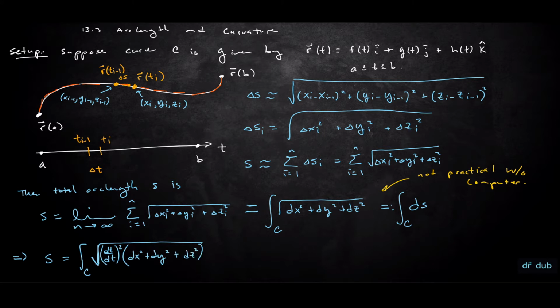So dt is the derivative of t with respect to t, which is 1. So its square is still 1. So I'll multiply that inside the radical there.